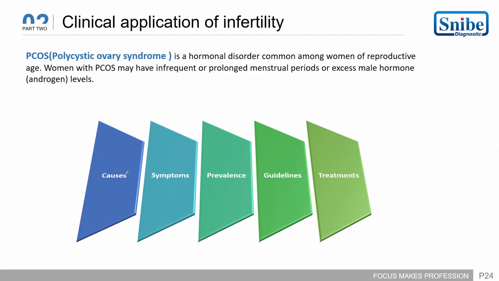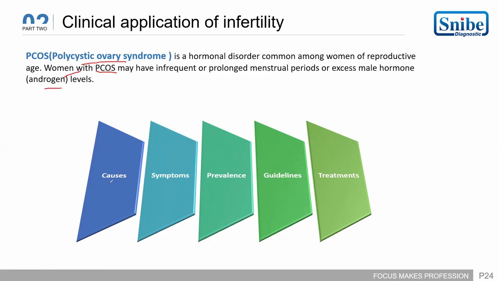If we talk about PCOS, polycystic ovarian syndrome is basically a hormonal disorder which is common among women of reproductive age. Women with polycystic ovarian syndrome have infrequent and prolonged menstrual periods, or excess male hormone, that is, androgen levels.